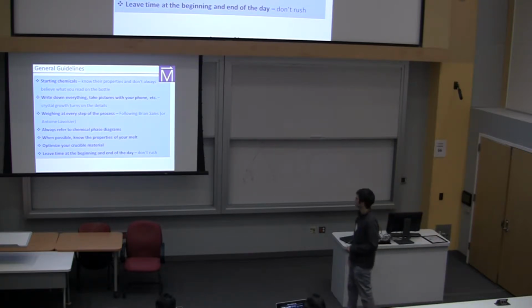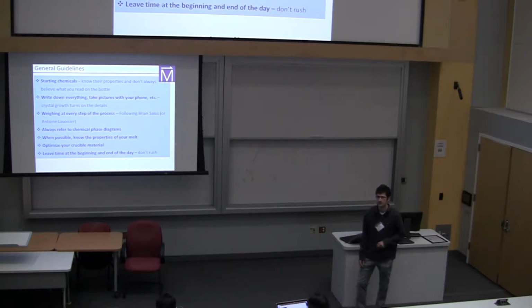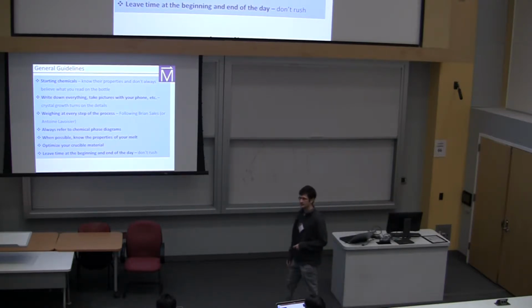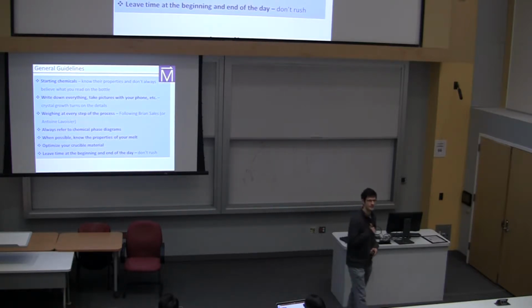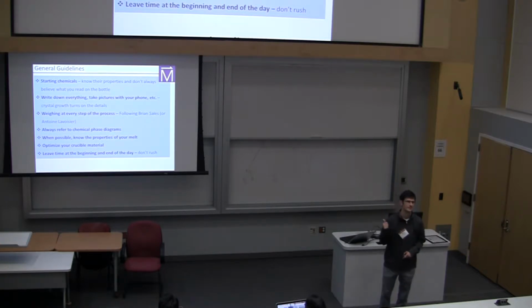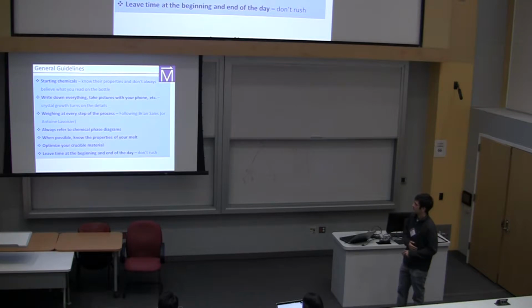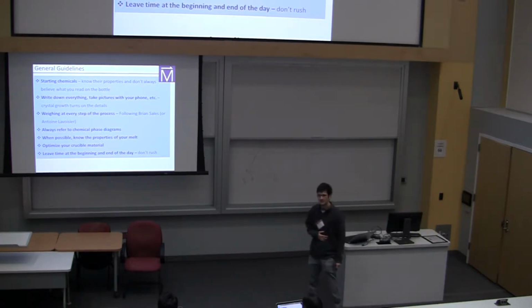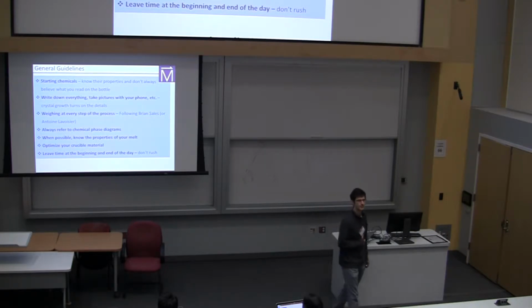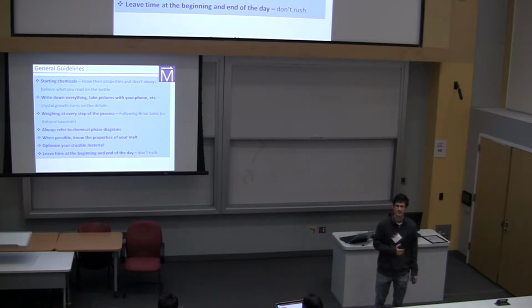But the other thing that I want to encourage you to do is to be fairly suspicious of your starting materials, right? Don't always believe what you read on the bottle. An easy way for an error to happen is that the previous graduate student who was working before you and has now finished mislabeled a bottle. And that happens fairly often, I would say. But beyond that, I've heard stories from Brian Sales, for instance, that sometimes when chemicals come from the company, it's not even what it's labeled as, right?